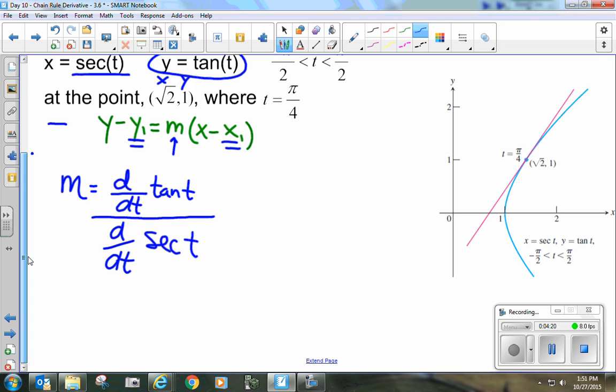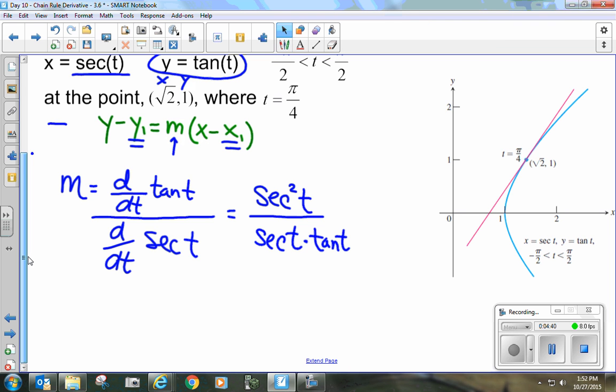What is the derivative of tangent? Secant squared of t. What is the derivative of secant? Secant of t times tan of t. Right off the bat, I know I can cancel something.